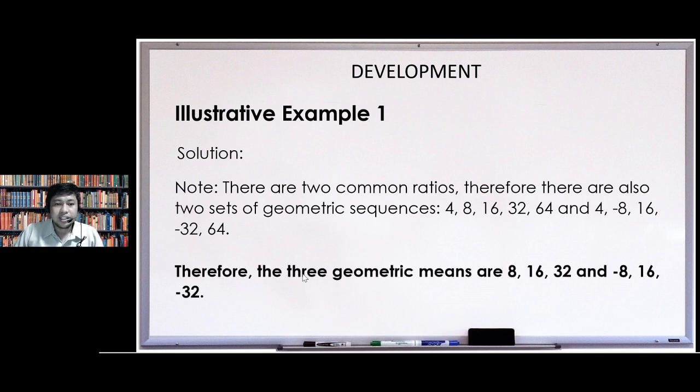So therefore, the 3 geometric means are 8, 16, 32 for the common ratio of positive 2, and for the common ratio of negative 2, that will give us the geometric means of negative 8, 16, negative 32.